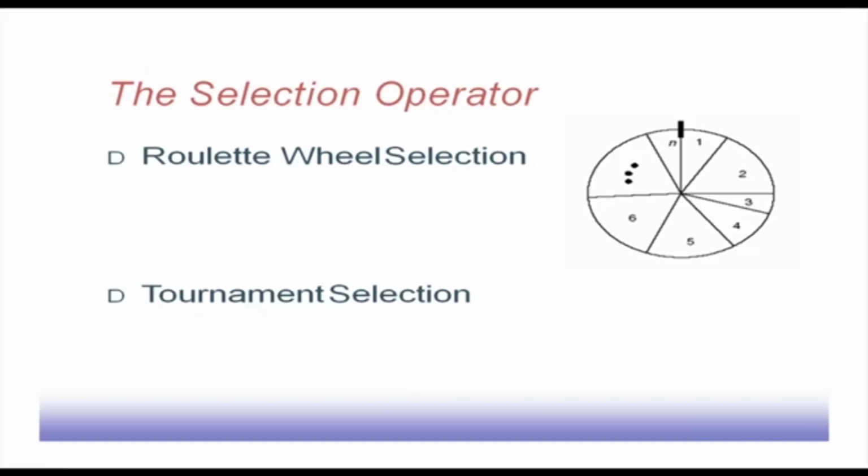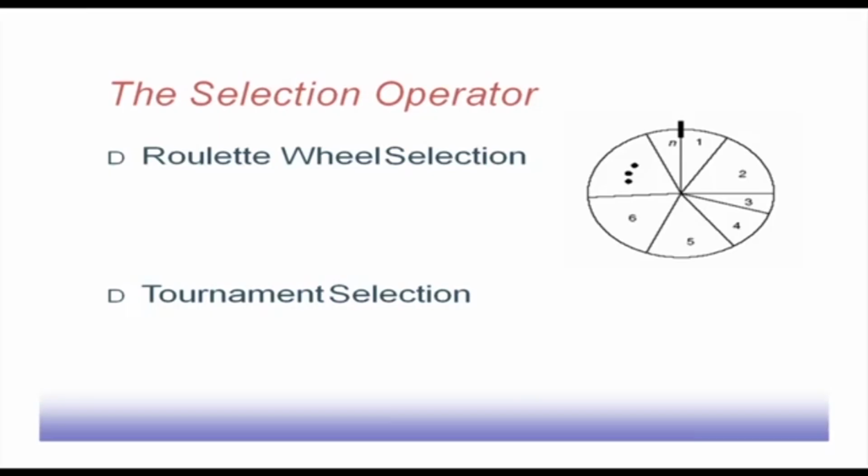Another selection process is known as tournament selection. Tournament selection is between two individuals. You randomly select two individuals from the population, and whichever is better wins and is finally selected. For example, if it picks individuals 1 and 5, and 5's fitness is better than 1's, then individual 5 qualifies for the crossover operator.